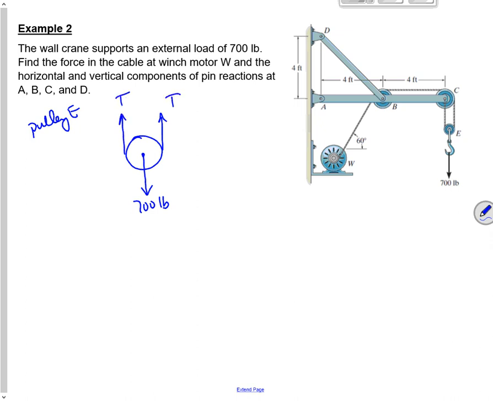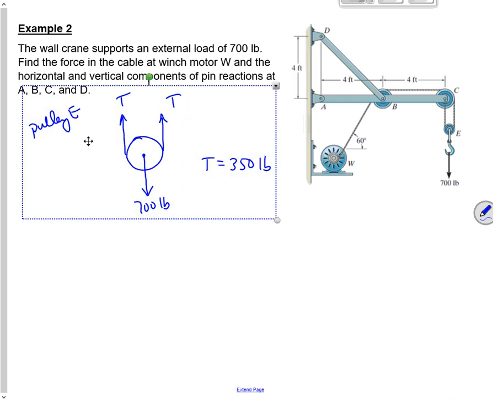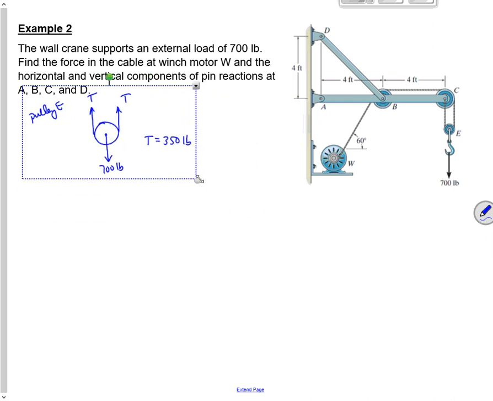It's the same rope, so that's the same tension. So that tells me that T is 350 pounds. That's the tension in that rope, and that's going to be true everywhere in that rope. The tension is 350 pounds.